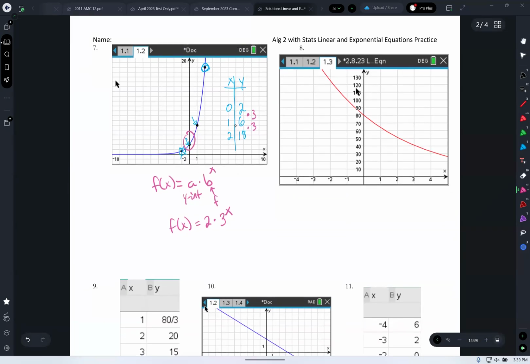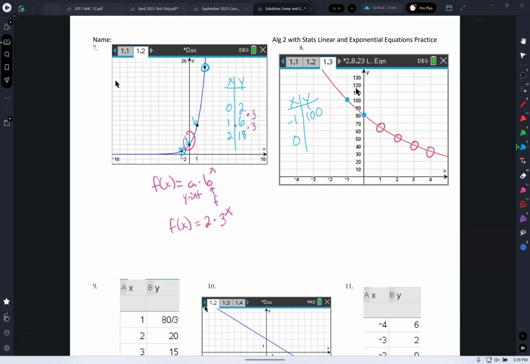With number 8, it's a little bit tougher for some, because I don't see clear points here or here or here. We're used to having a ton of points for a graph or for a table, but these are the only 2 in blue that I actually see. But that's enough, because as soon as I look at this graph, I know it's not linear.